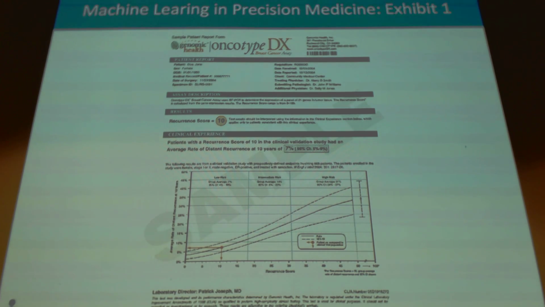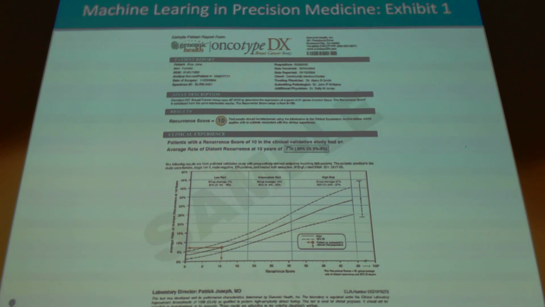And why does this matter? It matters because if the cancer recurs, it's basically deadly. There's no cure for recurrent cancer. But you can reduce the chance of it coming if you administer chemotherapy. But chemotherapy, as you know, is basically poisoning, and people would rather avoid it if there is no chance of cancer recurring. Bottom line, it's important to know the chance of recurrence for every patient.